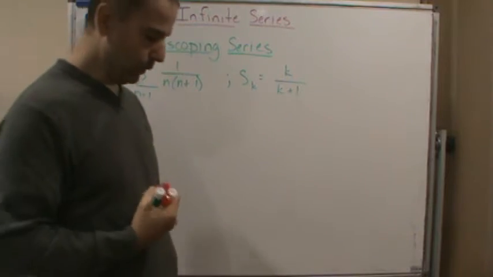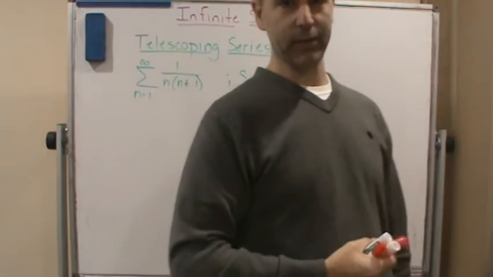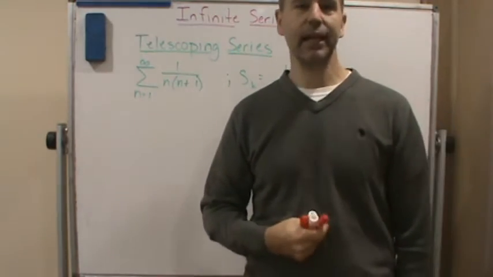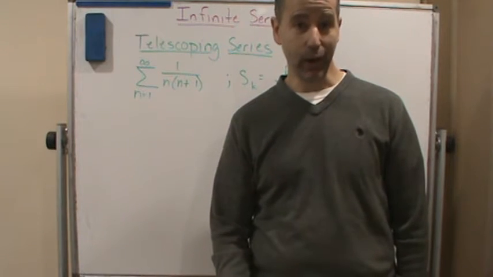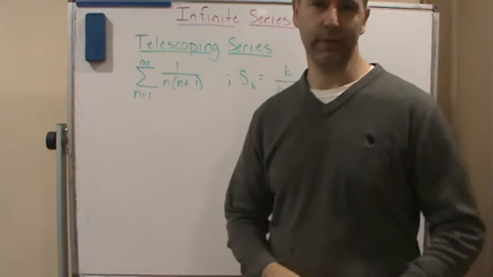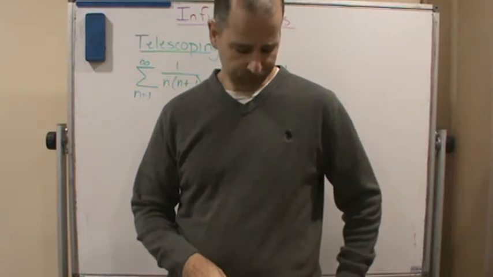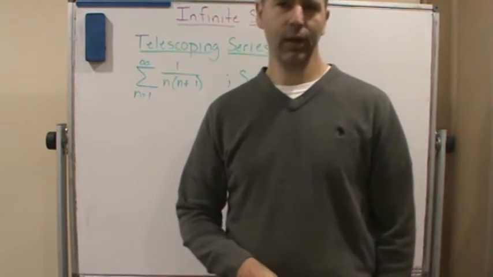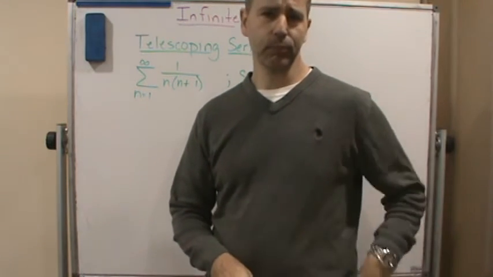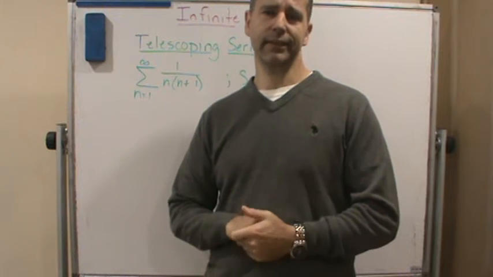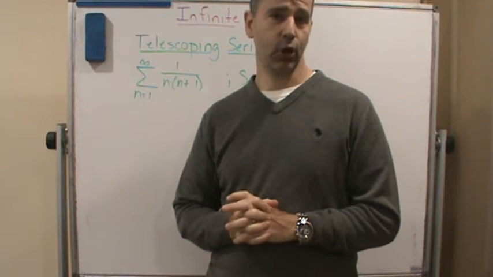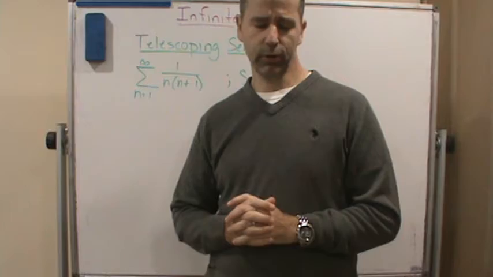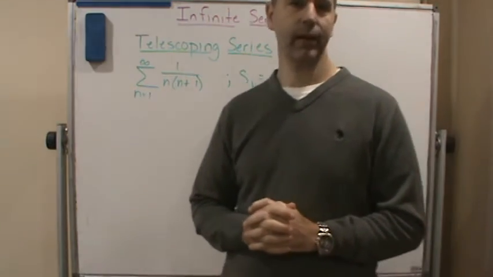If you realize that you have a telescoping series, things can become very simple very quick. And what do we mean by a telescoping series? Think about in the olden days, in maritime, let's say a few hundred years ago, you had telescopes, right?